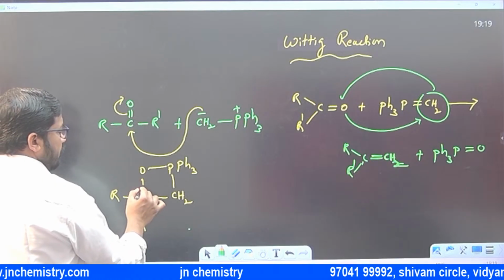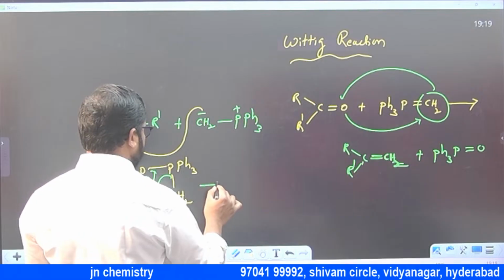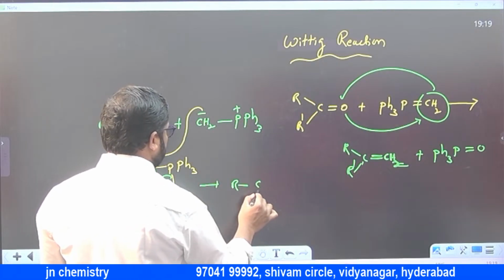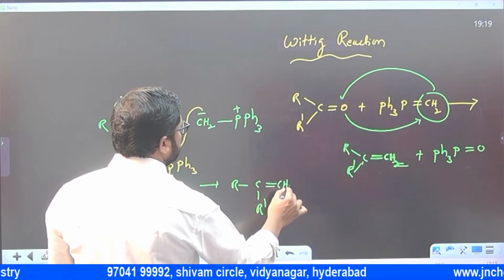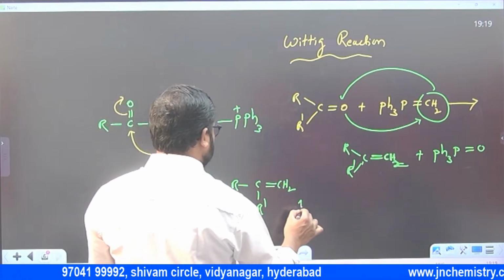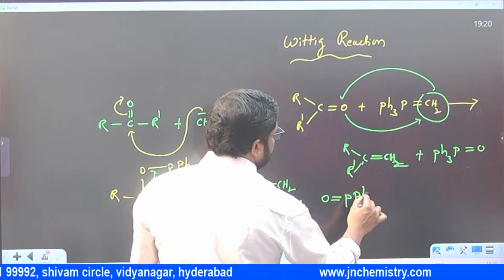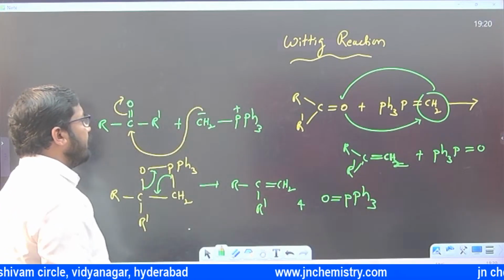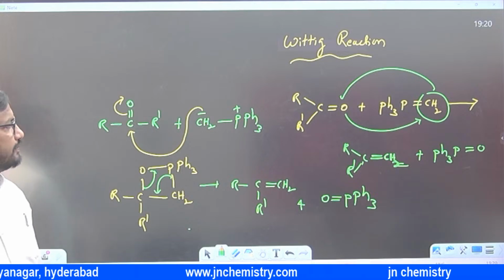So this bond is going like here, this bonding is coming here, so we'll get R dash double bond CH2 plus O double bond PPh3. This is the mechanism, Nana. Write it down.